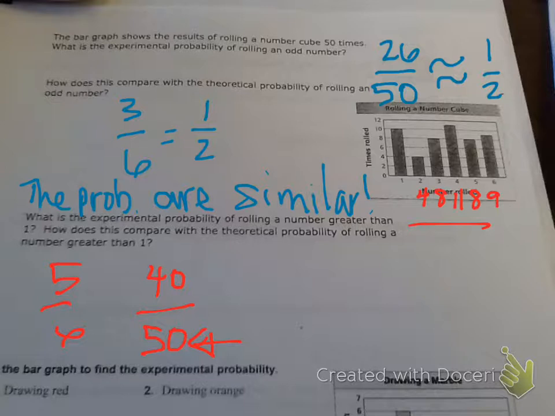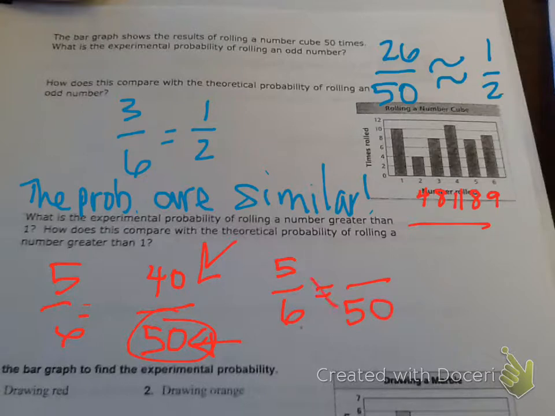Well, if we're going to take this out of 50 rolls, or if we're going to see how 5/6 and 40/50ths compare, we can figure out of 50 rolls how many should be greater than 1 by doing 5/6 equals some number out of 50.